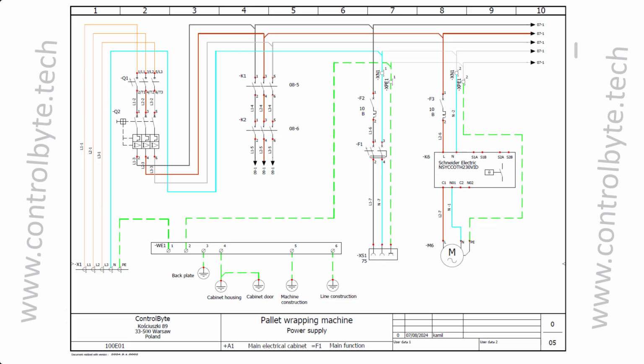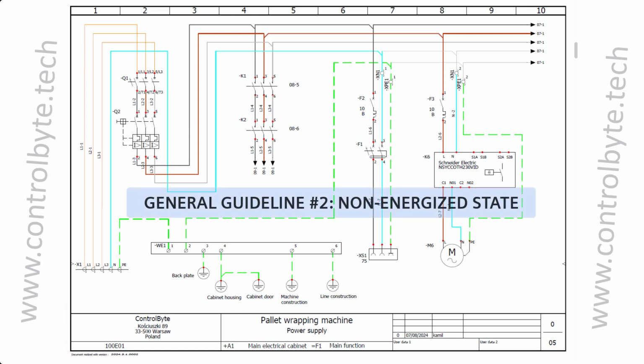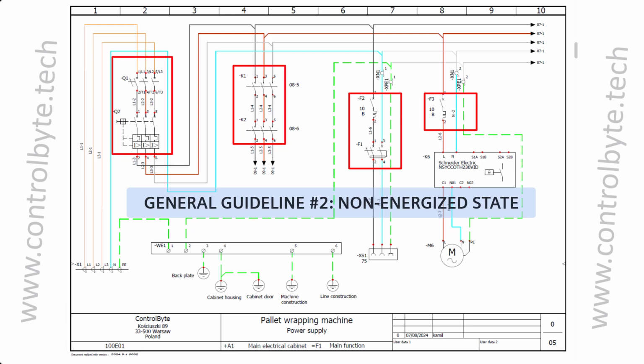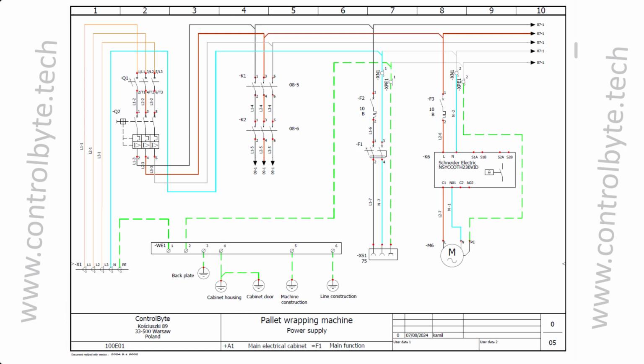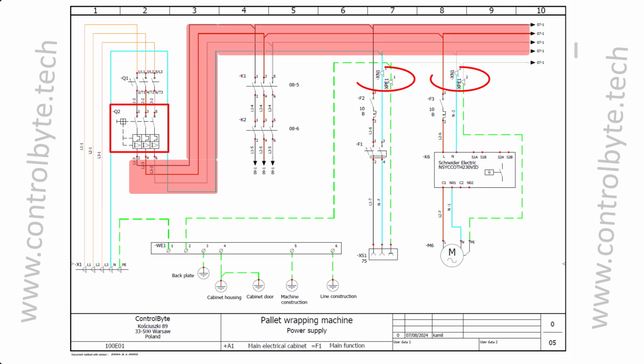Another general guideline is that wiring diagrams are typically drawn in a neutral state, meaning all contacts, contactors, circuit breakers, and other components are shown in their normal non-energized condition. After closing this circuit breaker, the power flows to the power terminal strips, from which various branches supply other devices.